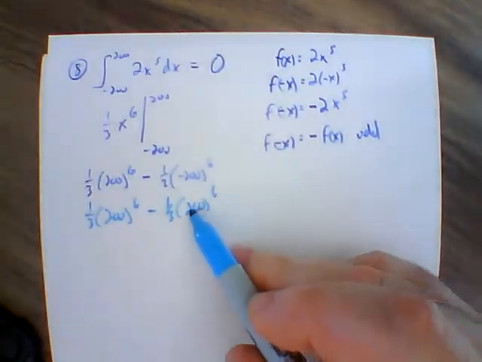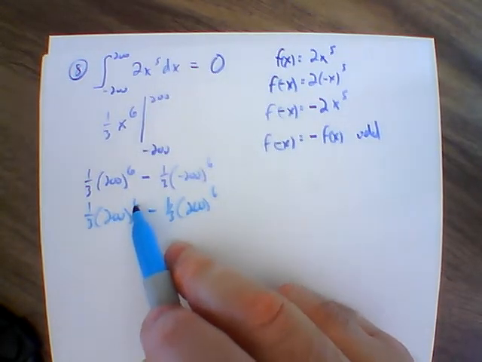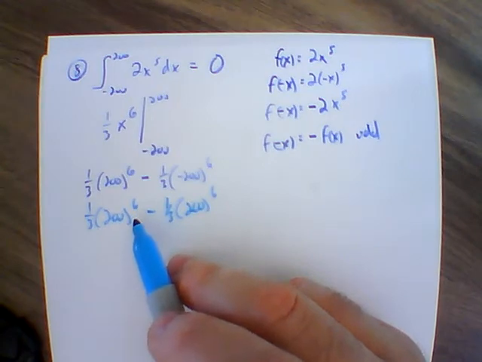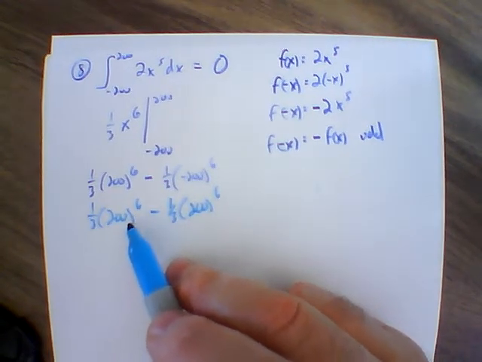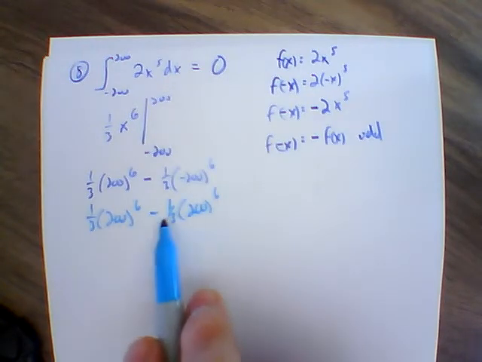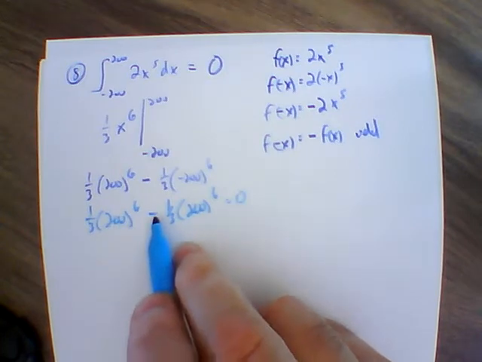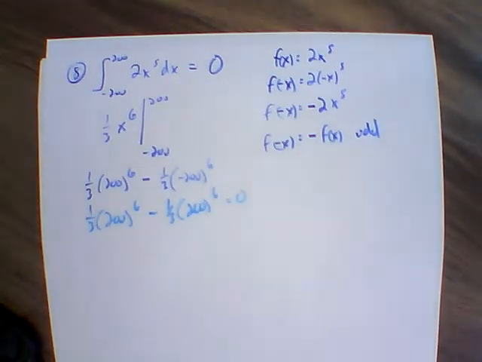We're really subtracting the same thing, so I don't have to compute 200 to the 6th power, because depending upon the calculator I have, it might raise some issues with what this value actually is. So this equals 0, because something minus itself is 0. So basically it shows we have 0 overall.